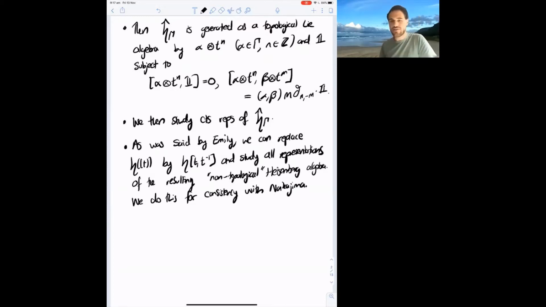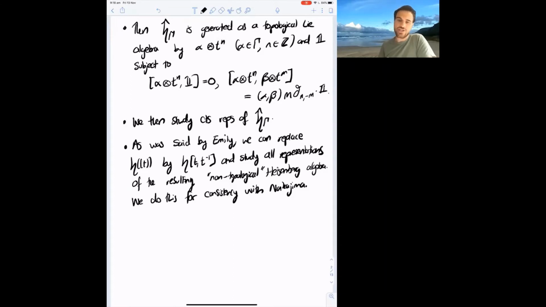One other difference that will come up from what Emily has done is that Emily kind of only gave a brief nod towards the super variant of all of this. So you can do very similar constructions, but starting with a super vector space rather than just a vector space. So H was a vector space, but if we work with a super vector space instead, then you get a different object.